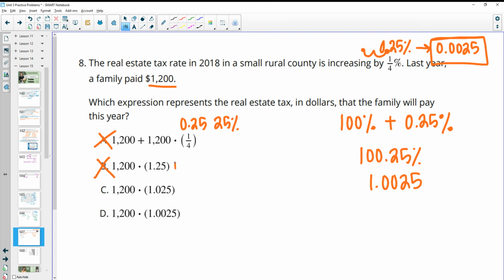Again, that's 125%, not 100.25%. This one, not good. If we moved it over, this would be 102.5. And we want this one because this represents 100.25%.